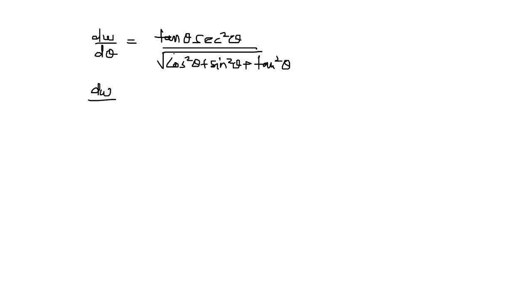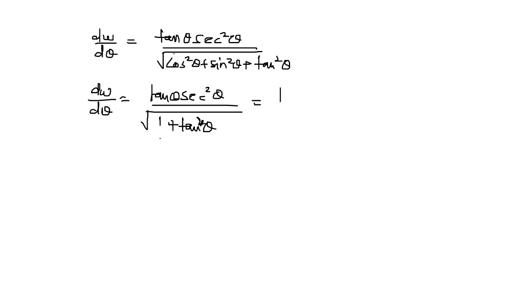Now can you tell me what is cosine square theta plus sine square theta? That is equal to 1. Plus tangent square theta. We also know the formula for 1 plus tangent square theta. That is equal to secant square theta.